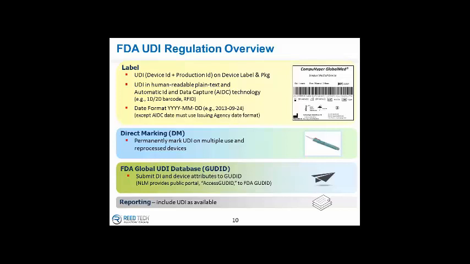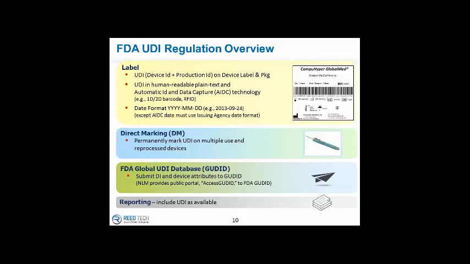If you have a product that has multiple use and is reprocessed, then you need to learn about direct marking. All of those medical device items that have a UDI on them need to submit data to the FDA, and we'll spend most of the conversation about that. And then the 4th part of the UDI regulation has to do with reporting.